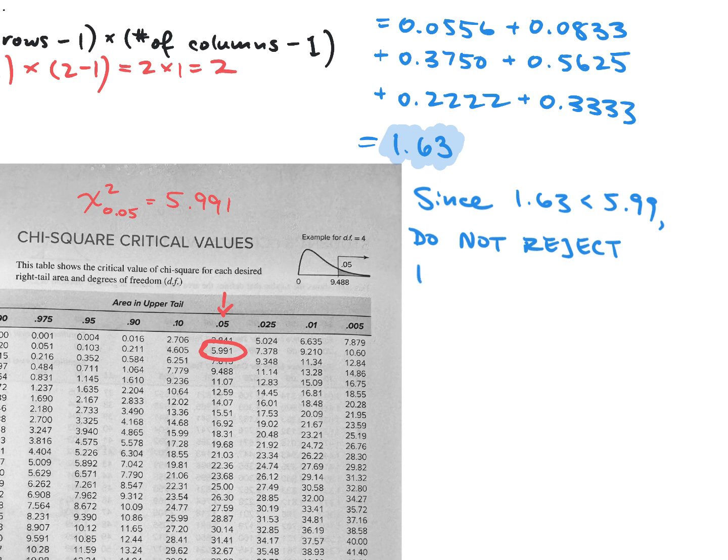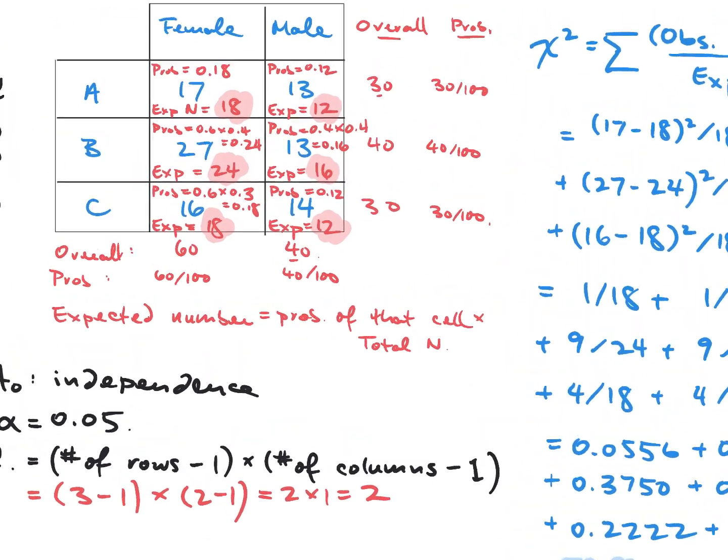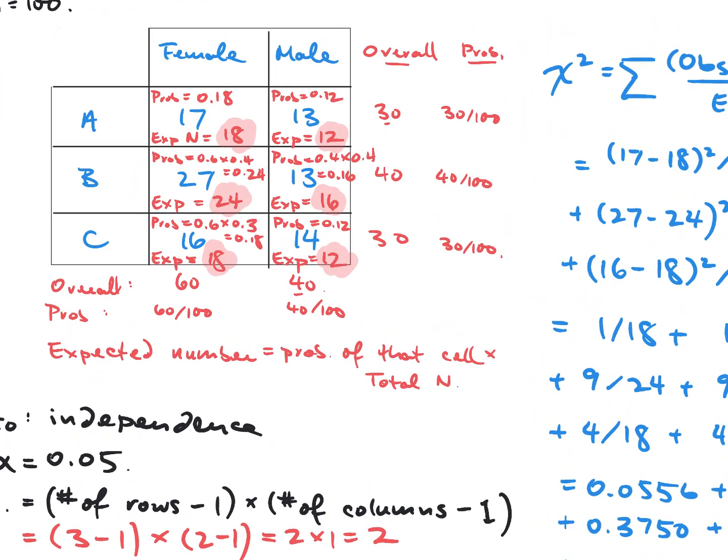The hypothesis we were testing was that the variables were independent. So in this case, these data do not show a difference between the voting preferences of men and women. Got it? It does not look like a systematic difference.